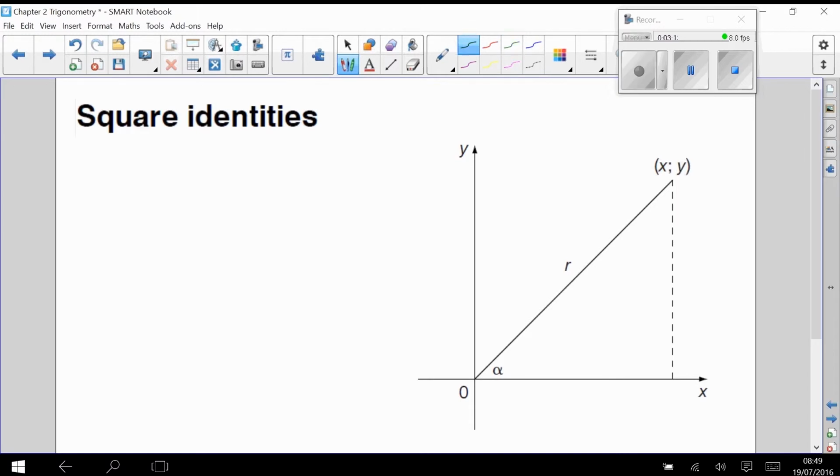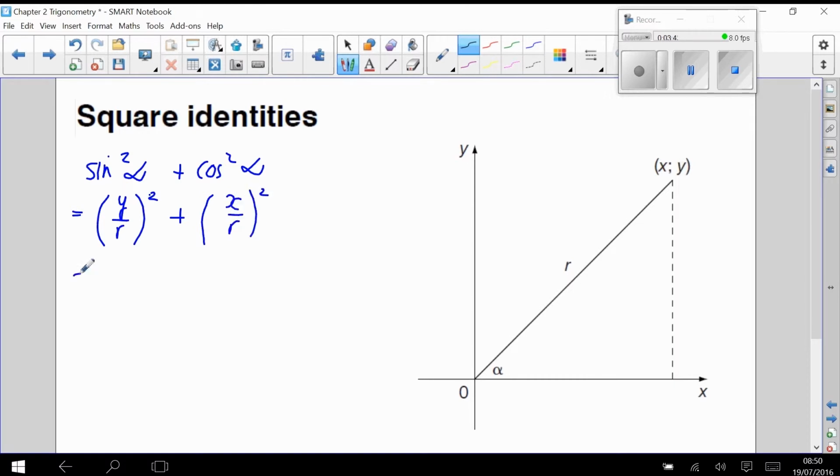The first identity you'll recognize from your core maths. It starts by saying, what would the answer have been if I had sine squared of alpha and I added that to cos squared alpha? Well, sine of alpha uses the numerical ratio of y all over r. If I square that and add that to cos's ratio, which is x all over r squared, do power times power.